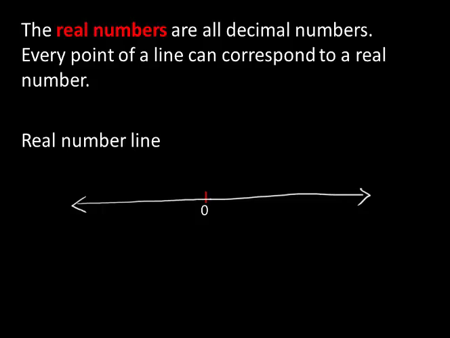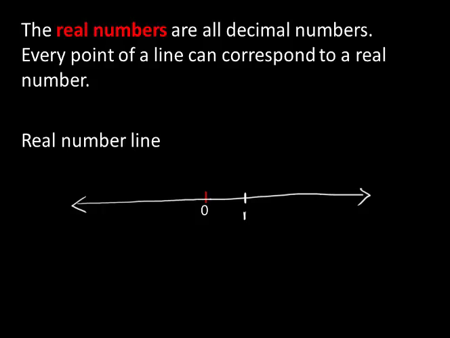If a point has no size, then when I mark a point and call it 1, that mark that I made has width. You can see it. But a point you really can't see. A point has no size at all, and so they don't take up any room on the line. And yet all of the points together make up the line.